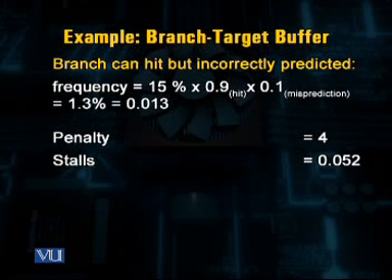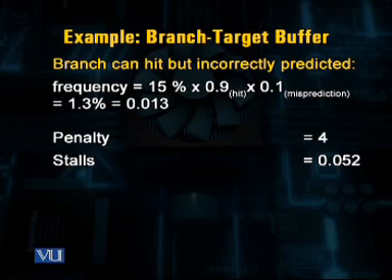The third situation is when the branch can hit but is incorrectly predicted. In this particular case, the frequency is 15% multiplied by 90% for hit and 10% for mispredicted. It results in a value which is equal to 1.3% or 0.013.